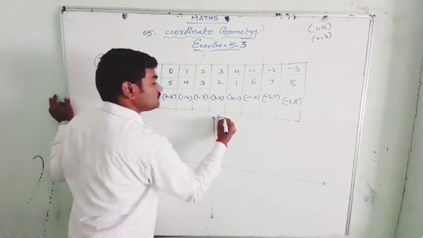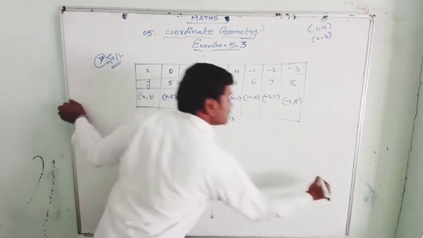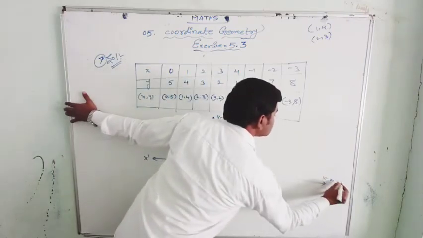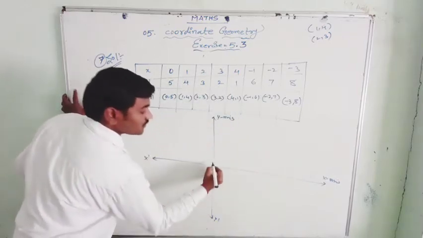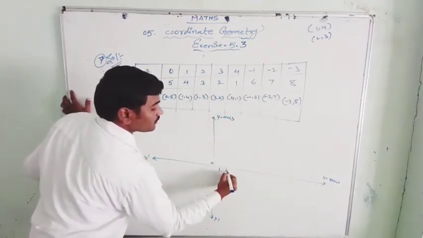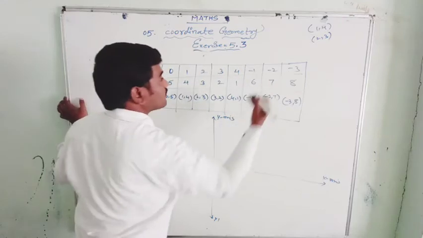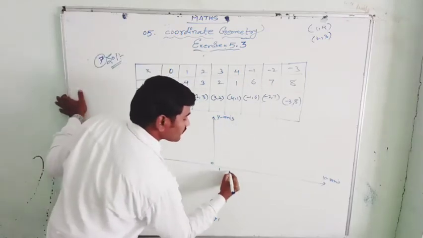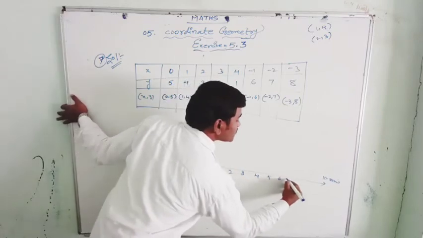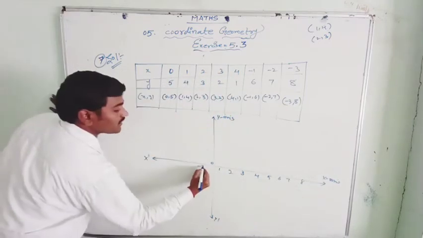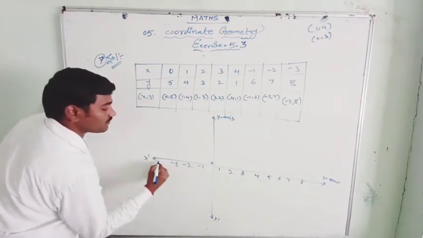X dash, y axis, x axis, y dash. 0, 1, 2. The x value is what we have taken till only 4: 1, 2, 3, 4, 5, 6, 7, 8, whatever. Minus 1, minus 2, minus 3, minus 4.